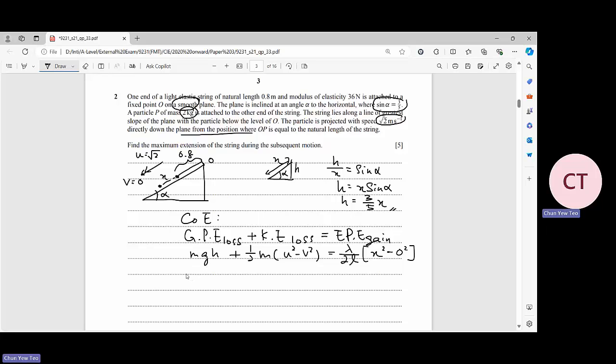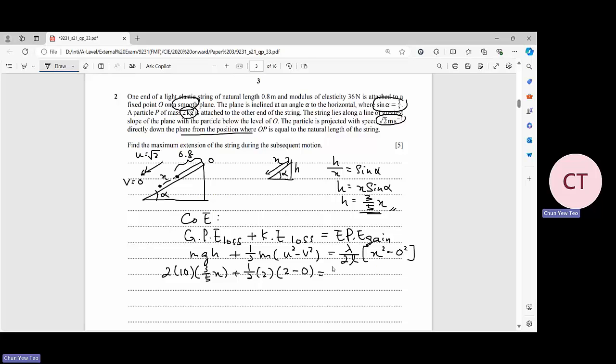So your m is 2, g is 10, h, as I've stated earlier, this one is 3/5 x. Your m is 2. Then your u square is 2 minus 0.